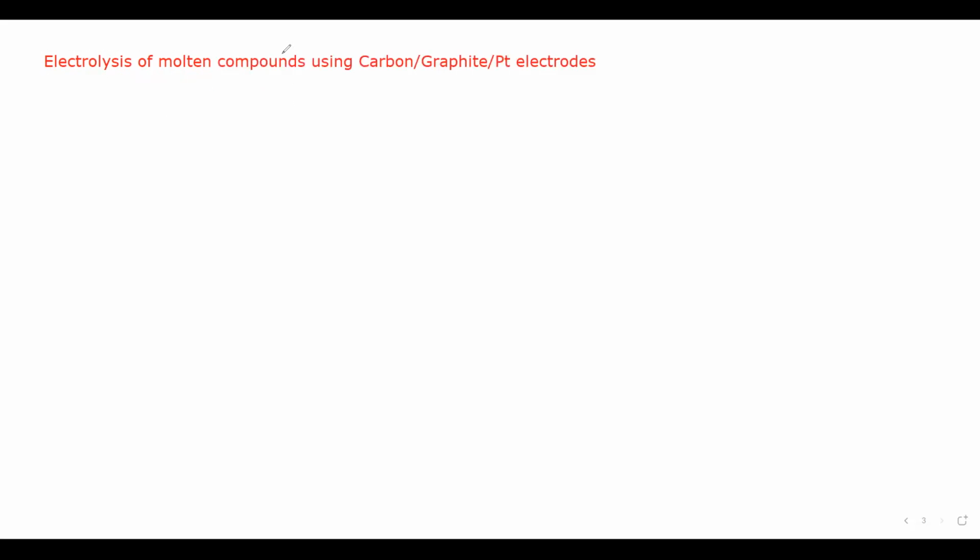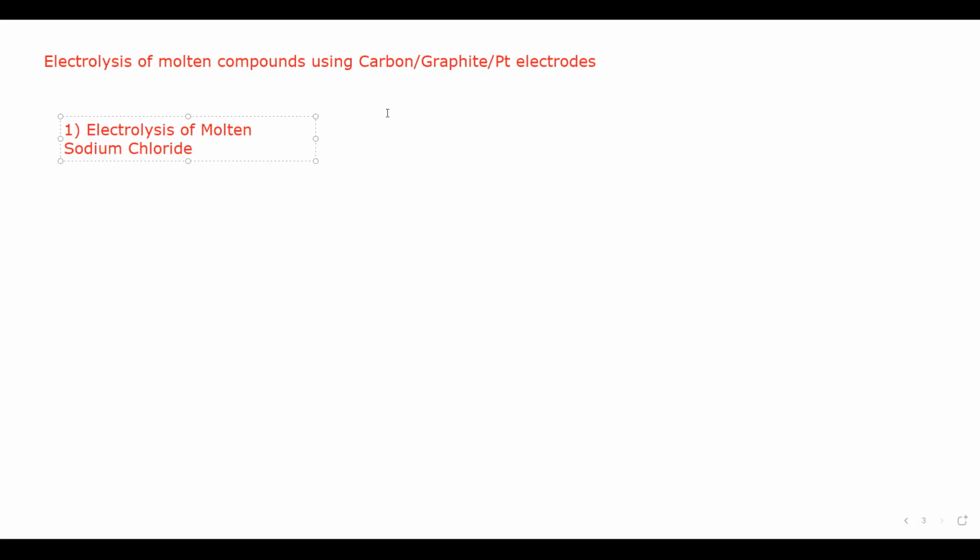If you want to do electrolysis of a molten compound, all the examples will be for molten compounds using carbon, graphite or platinum electrodes. First example: electrolysis of molten sodium chloride.